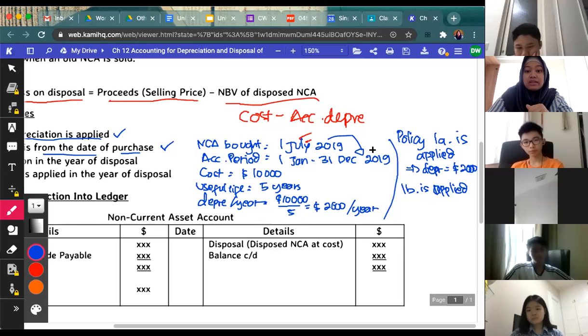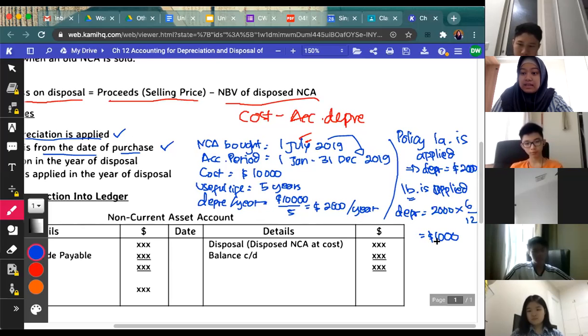So 1 July to 31 December, only 6 months. So if 1B is applied, depreciation will be 2,000 times 6 over 12. So it is now become 1,000. Clear, yeah?